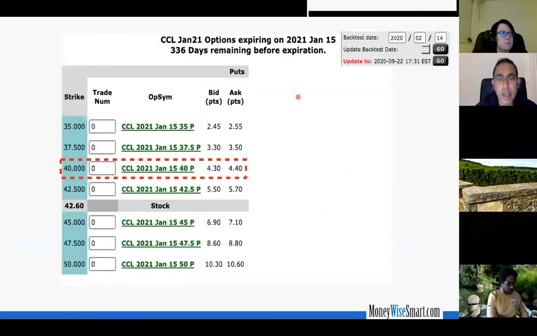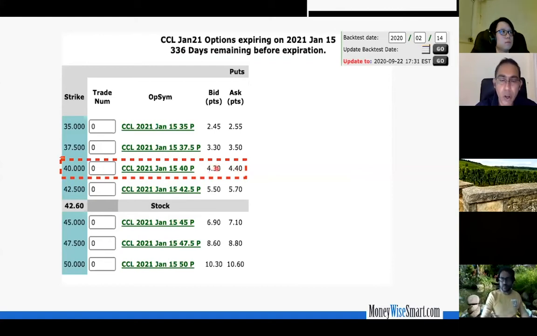So this is how the put option prices look like. Carnival Cruises is currently trading on 14th of February at 42.6, and we are considering the 40 strike put. That is currently available in the market to purchase at $4.40 per contract.